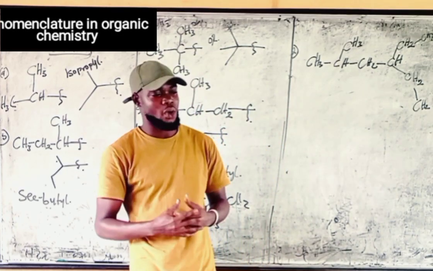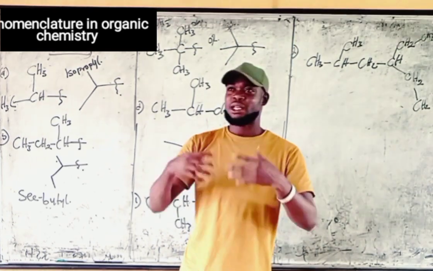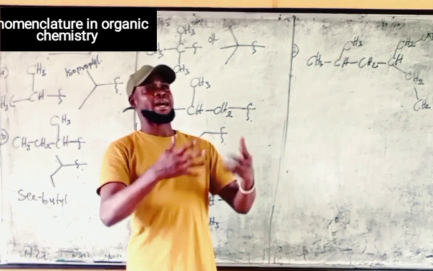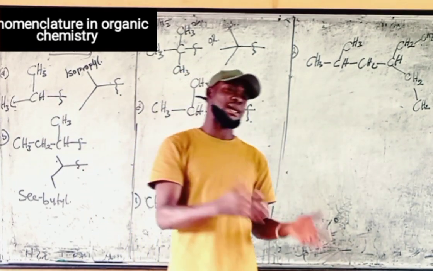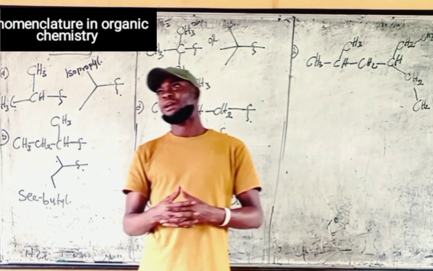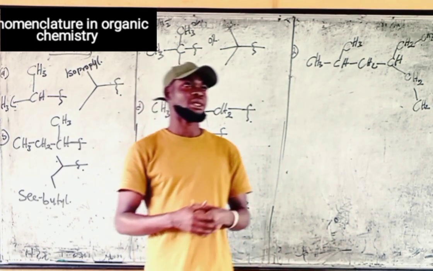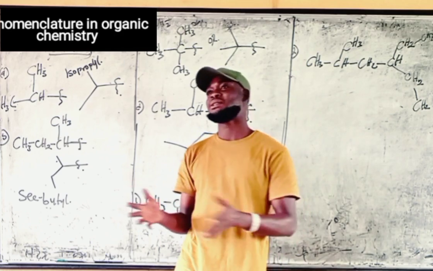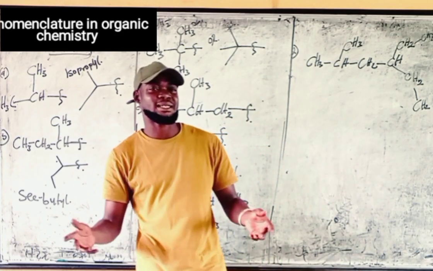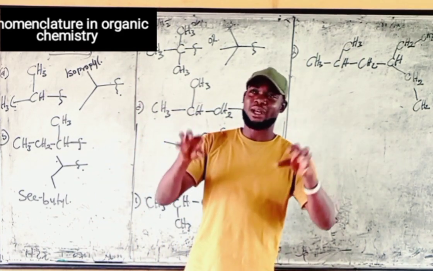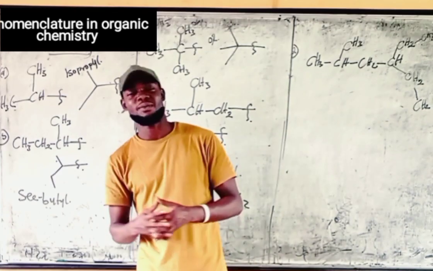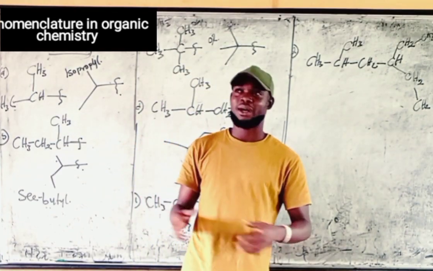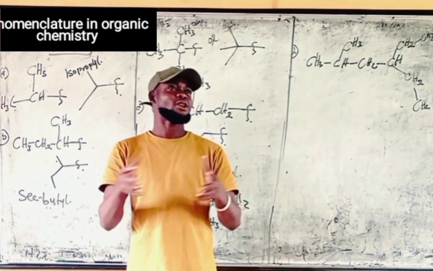Like the functional group of alcohols, of nitriles, of all these alkanes, of alkynes, of alkanones, of alkanoic acids, of esters, and so on. You should know the functional group of cyanide and of thiol. The functional group of thiol is SH.